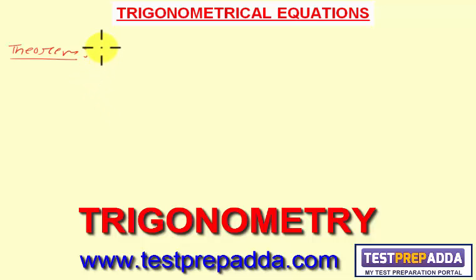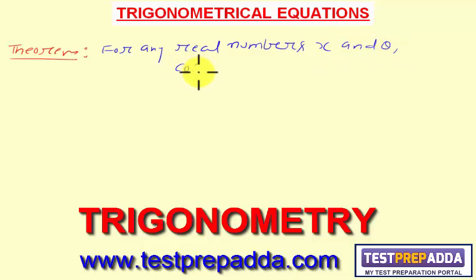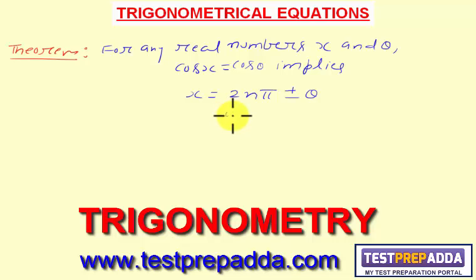The theorem says for any real numbers x and theta, cos x is equal to cos theta implies x is equal to 2n pi plus minus theta, where n belongs to integers.